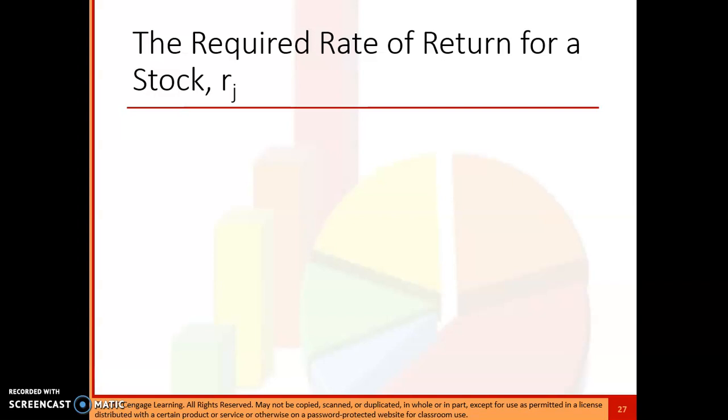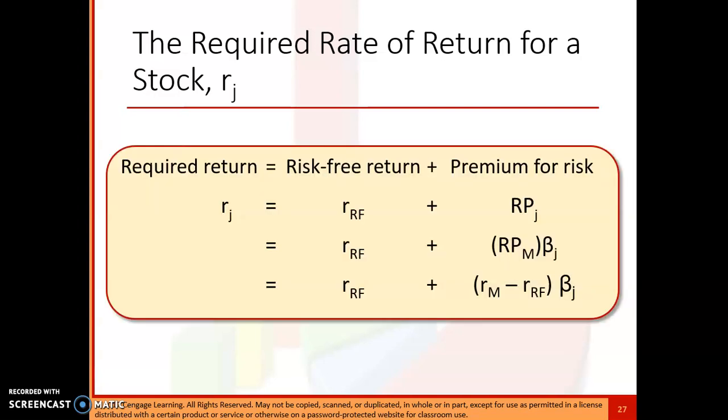The required rate of return for a stock is simply the risk-free rate plus the market risk premium. We can break that down: the risk-free rate plus the beta multiplied by the market risk premium. Let's take a step back. This is the risk premium for stock J, which is determined by multiplying its beta by the market risk premium.